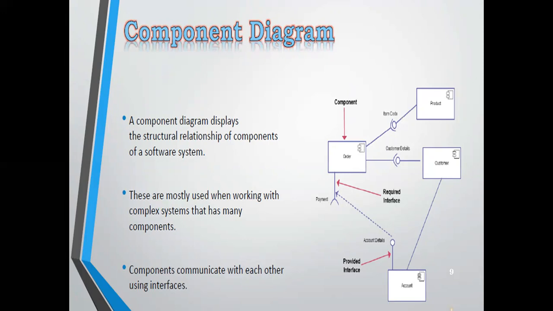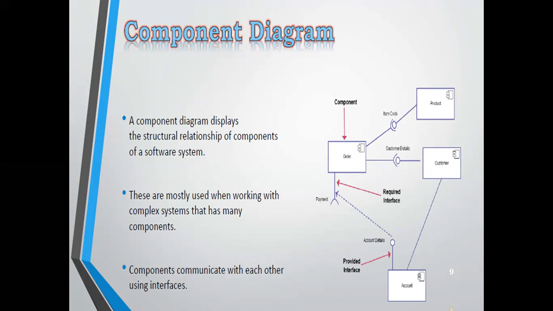Whenever we design or develop a complex system having multiple components, we draw this diagram, that is the component diagram. The components communicate with each other through interfaces. For communicating the components we use interfaces.